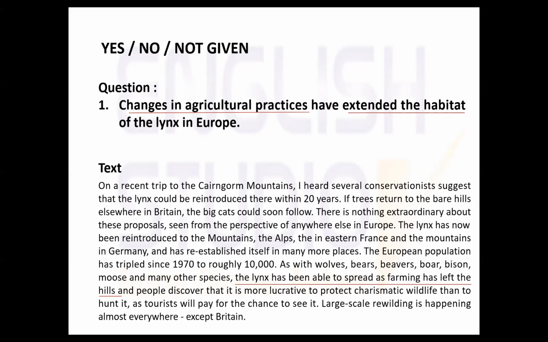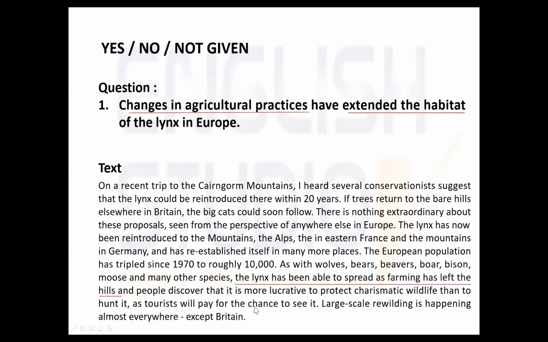So, pertanyaannya adalah of the lynx in Europe ya. But kalau kita lihat secara keseluruhan, kalau misalnya sini cuma except Britain doang, ini nggak mempengaruhi sih menurut aku, karena ini kan cuma satu doang. Di sini disebutin the lynx in Europe in general. Oke?